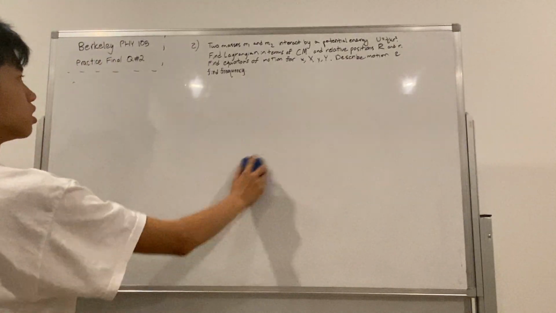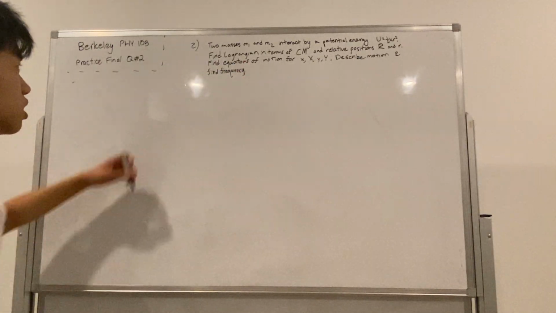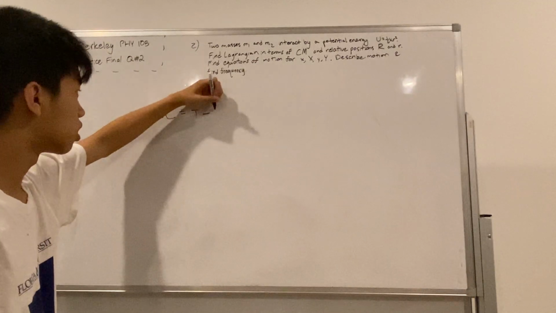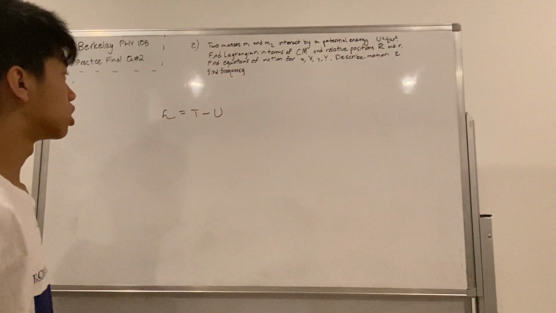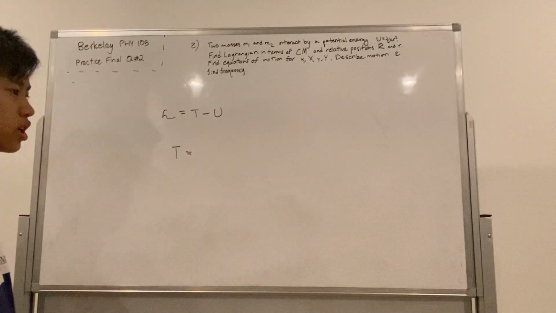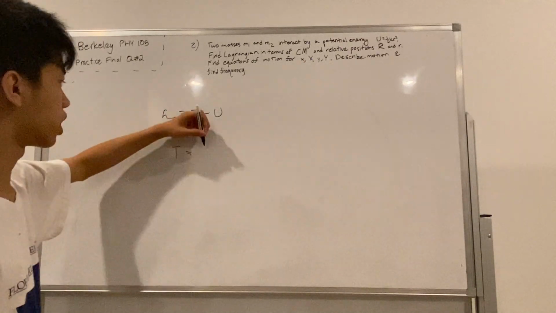So now let's find the Lagrangian before we move on to the second part. The Lagrangian, we already know, is equal to T minus U, kinetic energy minus potential energy. Do you remember that formula from last time that involved the M's and the big X's and the R's? We have to reuse that.